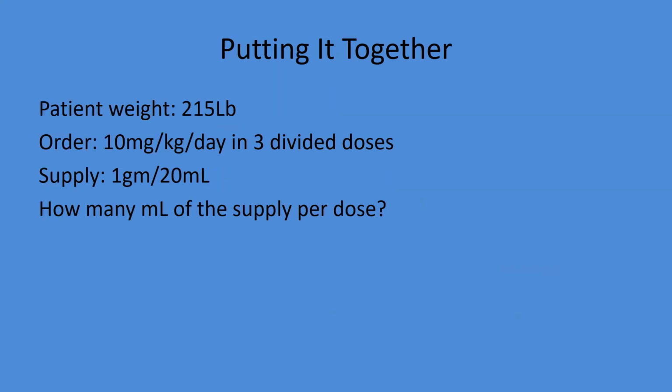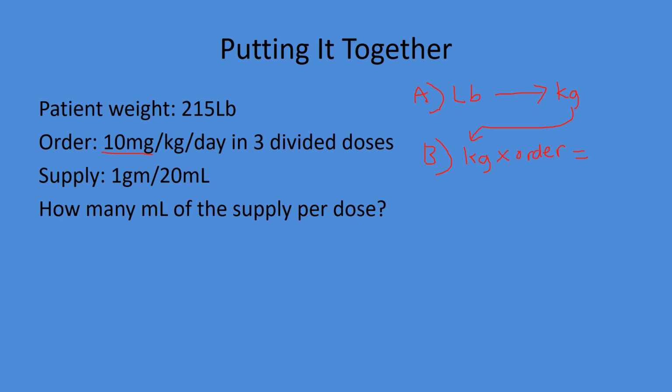All right, let's put this all together. So let's review. The first step you need to do is convert pounds to kilos. So once you get their weight, you're going to use that number for the next step. Take their weight and you multiply it by the order, right? How much drug they need per day.